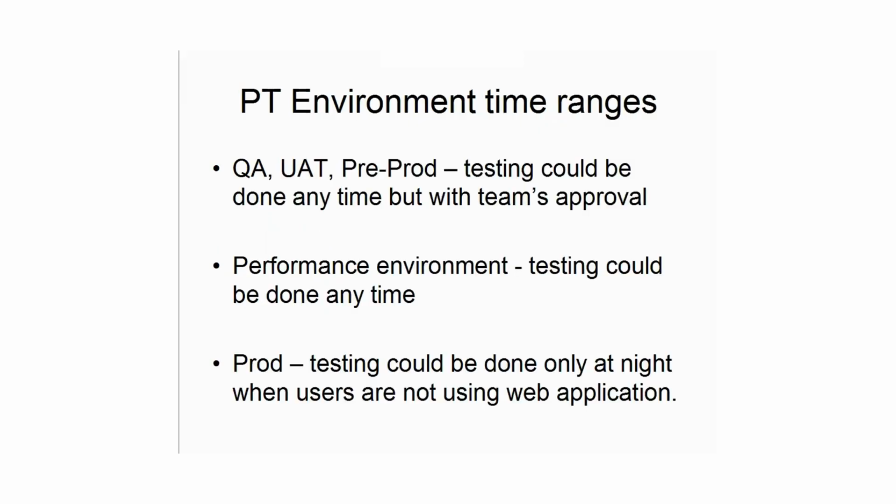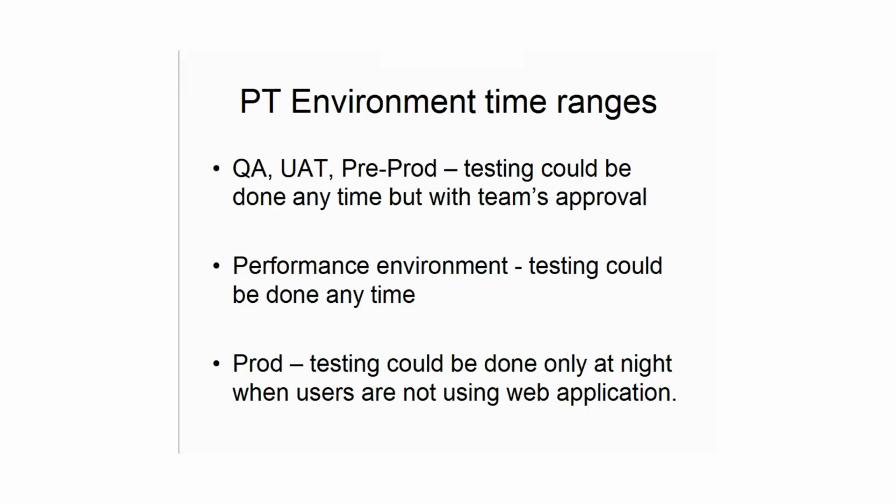What are the time ranges you are allowed to do a performance testing on different environments? For example, on QA, UAT, and pre-production environments, testing could be done anytime, but of course with Teams approval.